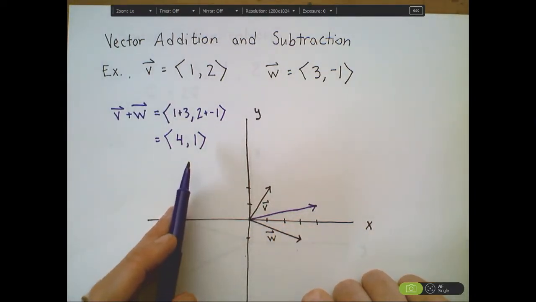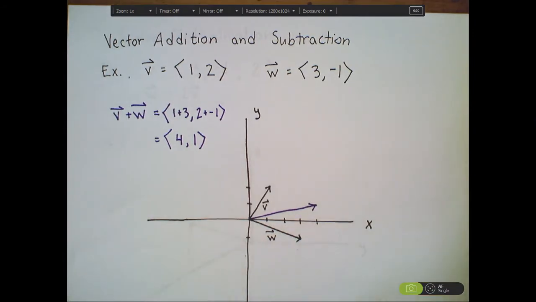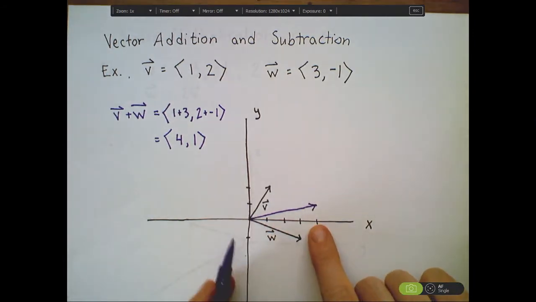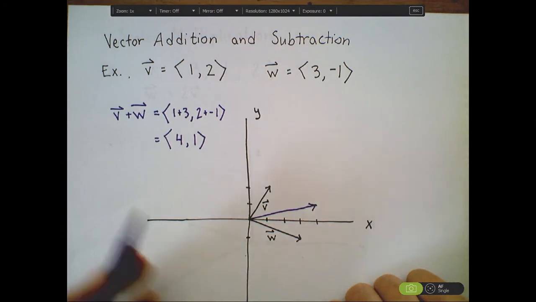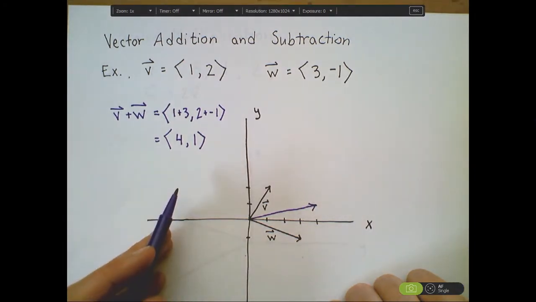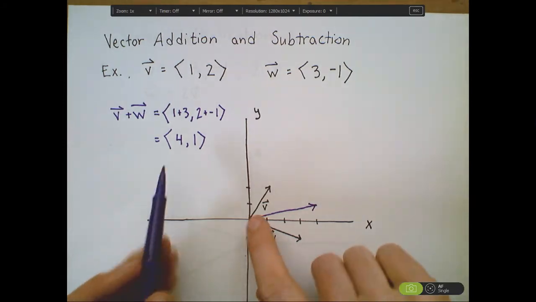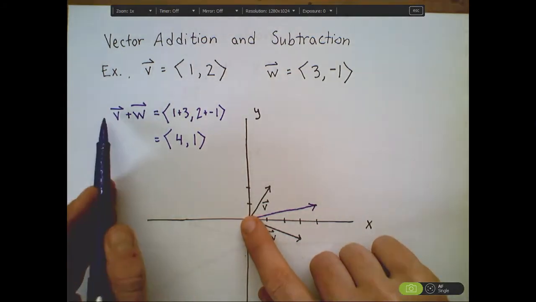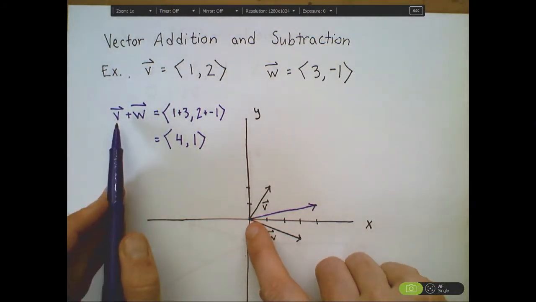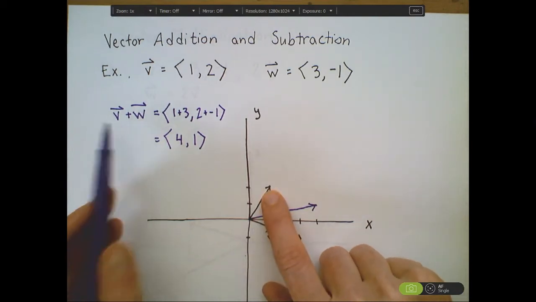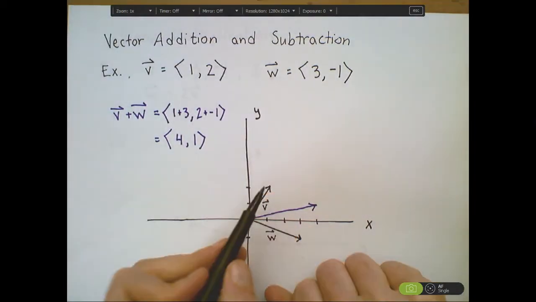Maybe you can't tell the difference in color. That's okay, though. How can I geometrically describe what happened with this vector addition? The easiest way to think about it is to start with, well, addition is commutative, so it doesn't matter which vector I start with, but I'm going to start with my vector v, and then add onto it the vector w.